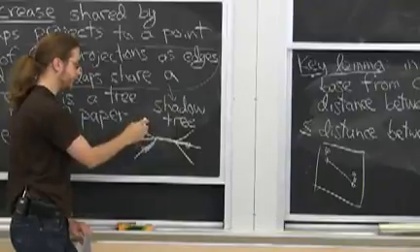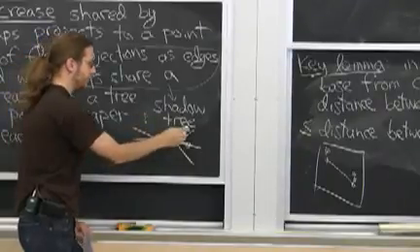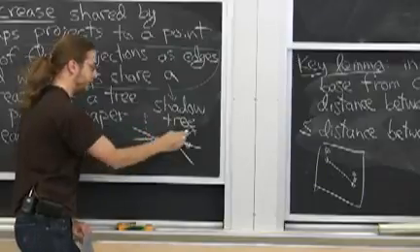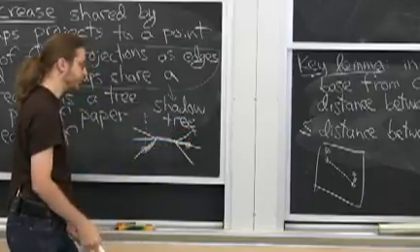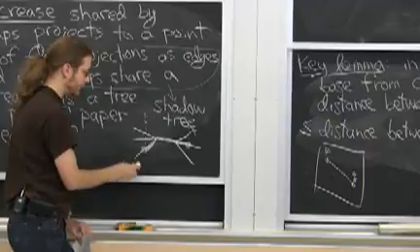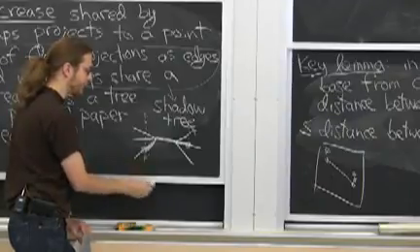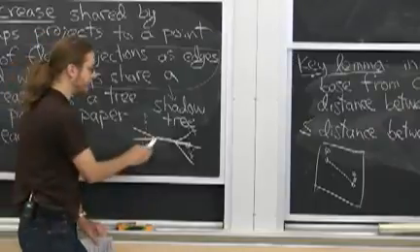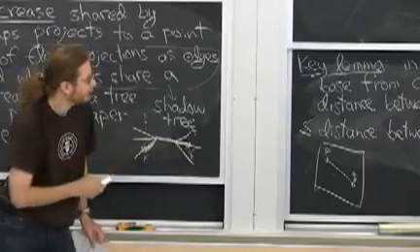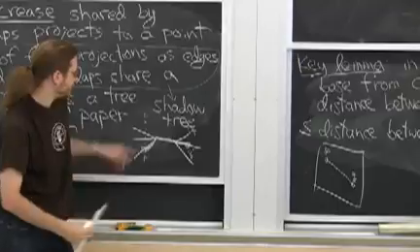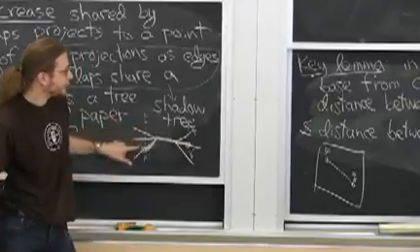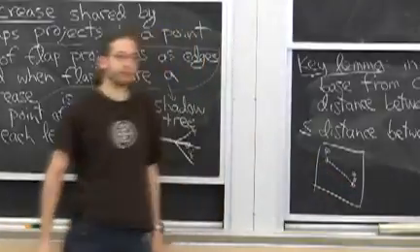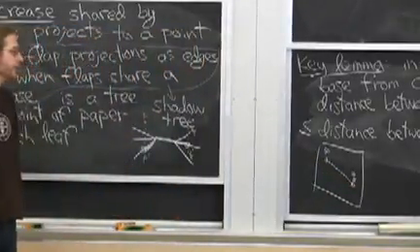So maybe there's a P up here and a Q up here. I project those points down onto the floor, which is going to fall on the tree by this definition. Call those P prime and Q prime, the projected versions of P and Q. I measure the distance here. The distance between P prime and Q prime in the tree should be less than or equal to the distance between P and Q in the piece of paper, for every pair of points P and Q. That's the condition.